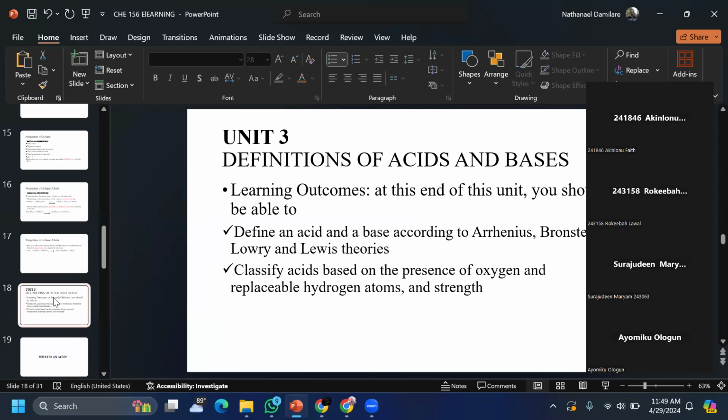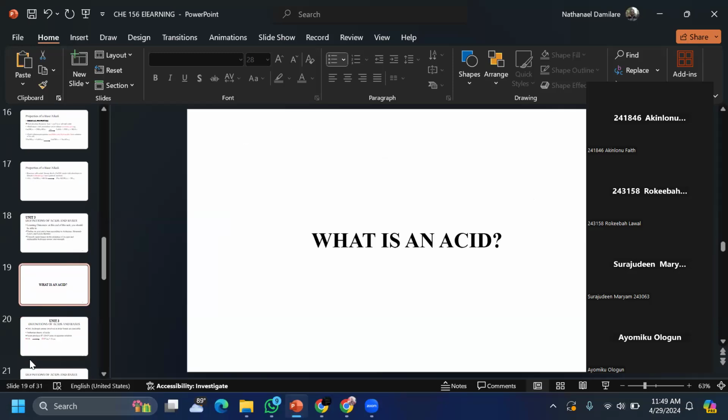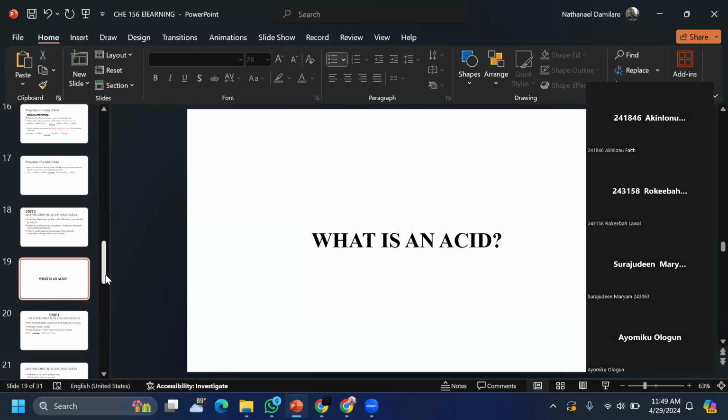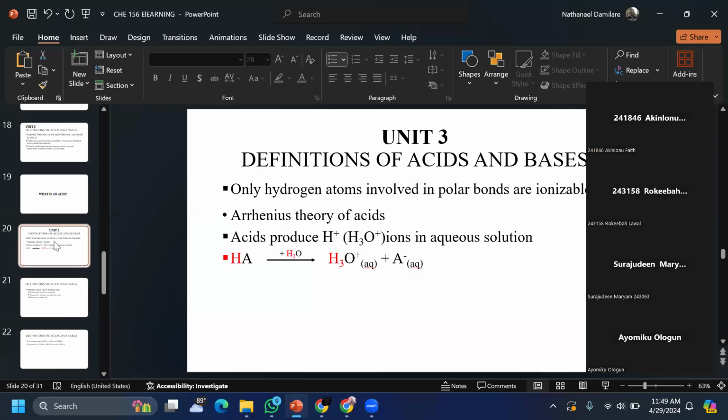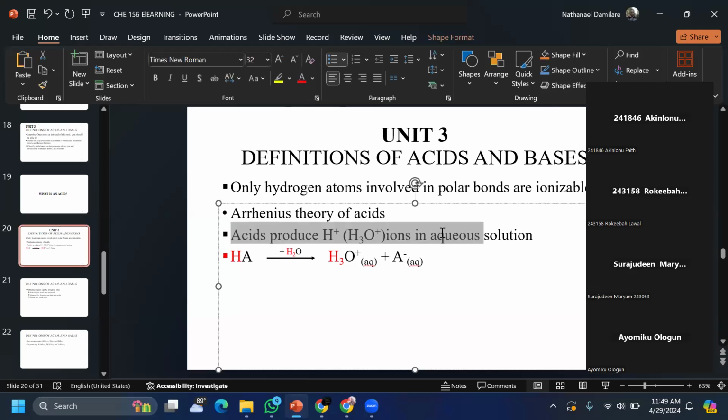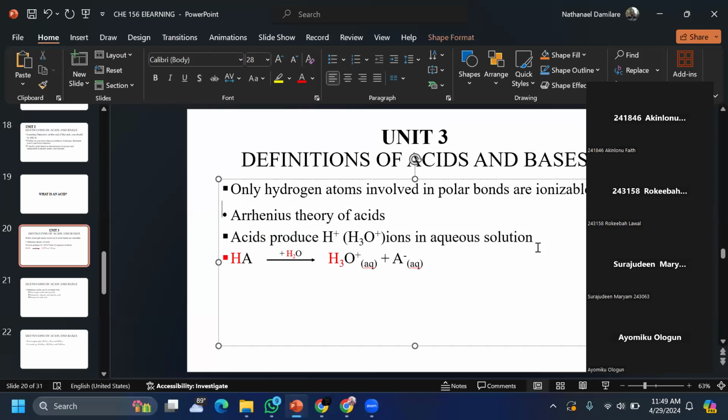So in the next section, we'll be looking at the definition of an acid. Some of you have asked, how do we define an acid according to Arrhenius, Bronsted-Lowry, and all that? What is an acid? According to Arrhenius, an acid is a substance that produces hydrogen ions or hydronium ions when you dissolve it in water.